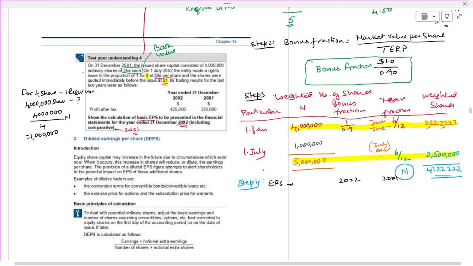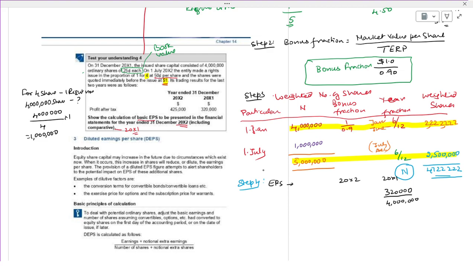How many shares are there in 2001? 2001 is 320. How many shares are there at that point? It is 4 million. In 2002, any doubt, stop me. Hussein and Sumaya, I'm telling you this. I'm trying to put it as simply as possible.